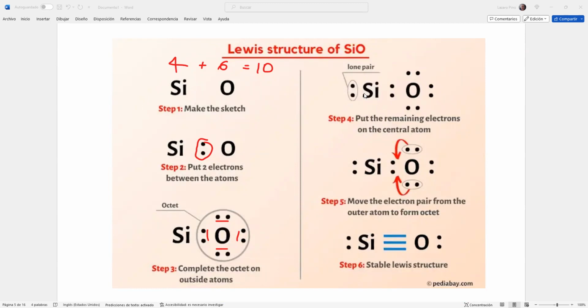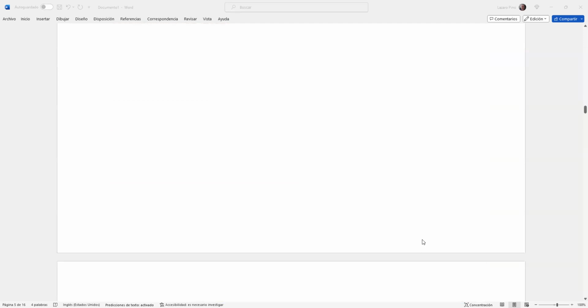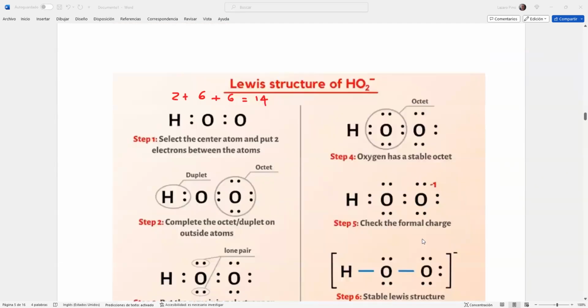The only way you can get the octet rule for both atoms is by making a triple bond this way. Now you have 8 electrons for silicon and 8 electrons for oxygen, and this is the stable Lewis structure for this molecule. Let's see another example.